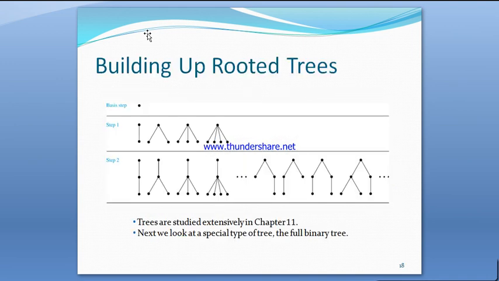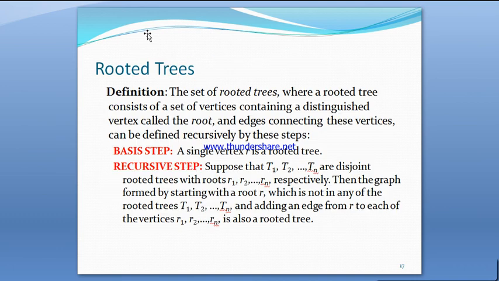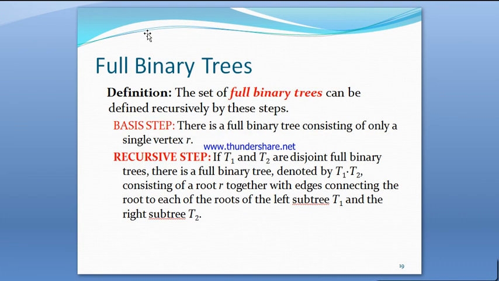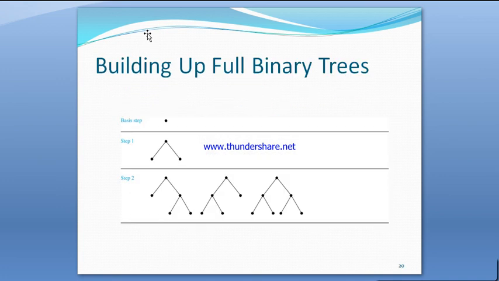In the recursive step, we specify the rule that if T1, T2, ..., Tn are disjoint rooted trees with the roots R1, R2, and so on to Rn respectively, then the graph formed by starting with the root R, which is not in any of the specified rooted trees, and adding an edge from R to each of these vertices will also form a rooted tree. Similarly, we can define the full binary trees according to a recursive definition. To build up a full binary tree, this is the diagram shown here.